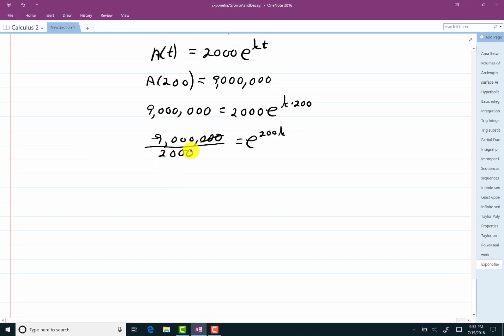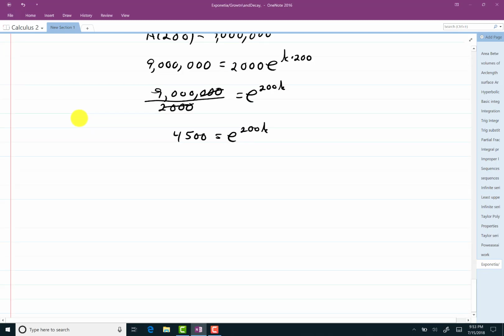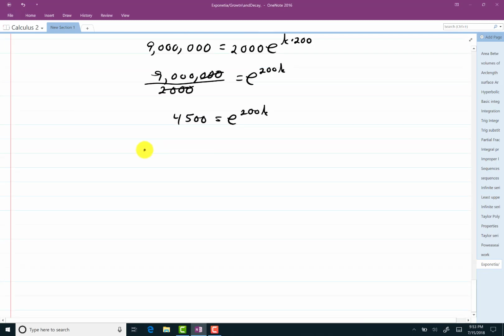I'll do a little simplifying here. 9,000 divided by 2 is 4,500. Of course, once you get to this, you know that you take the natural log of both sides. Divide by 200. Don't you dare try to simplify this thing. This 200 cannot cancel with anything inside of that natural log. You just have to live with this number.